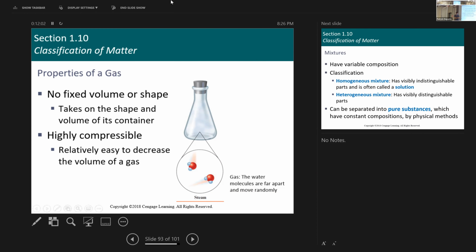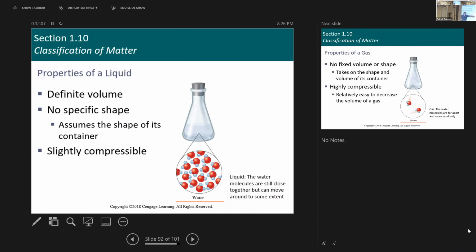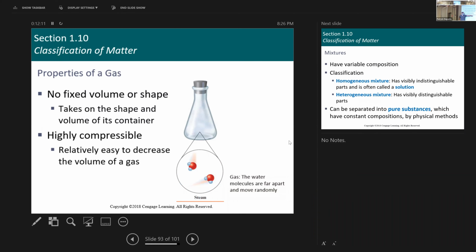Whereas liquids and solids, all the molecules are very close together, even in liquid, but they just flow. In gas, they are very far apart, and they move randomly and they bounce off of each other. Okay, any questions on that?